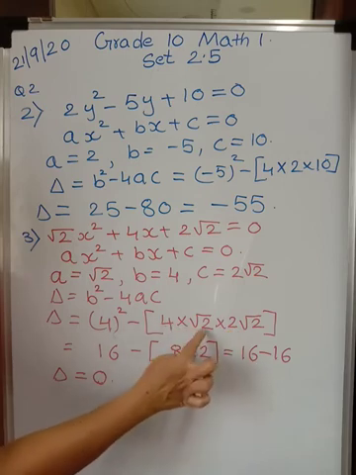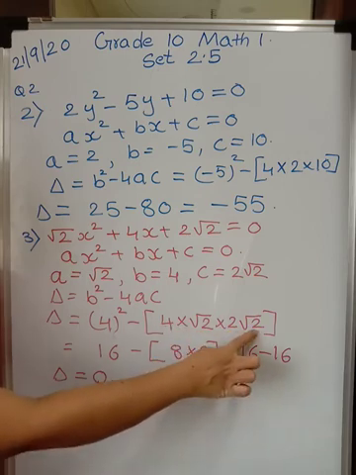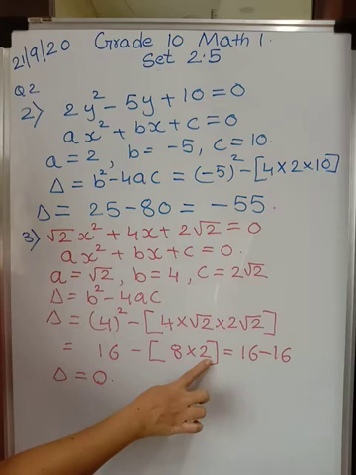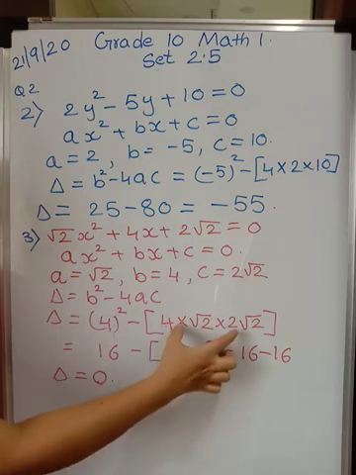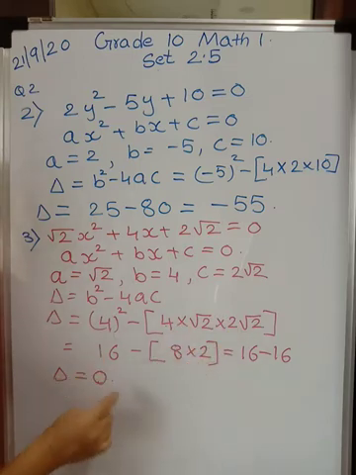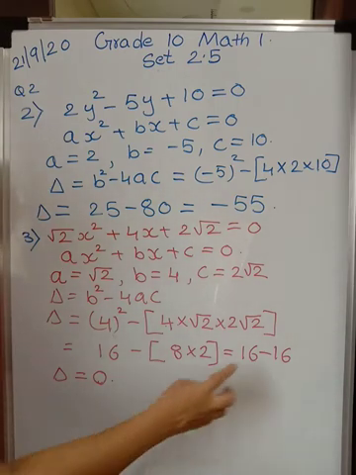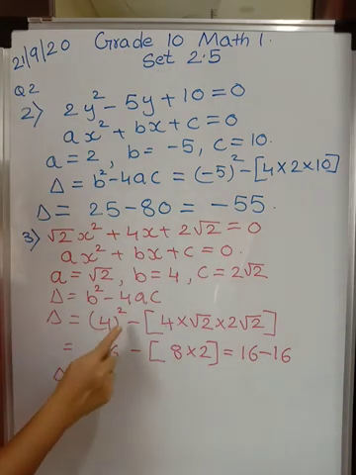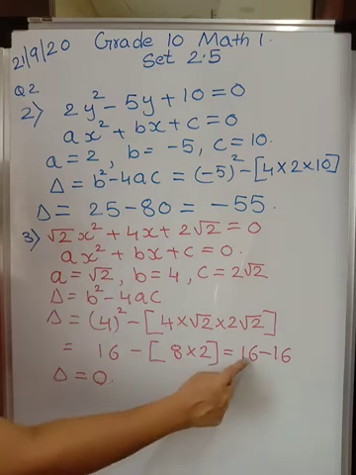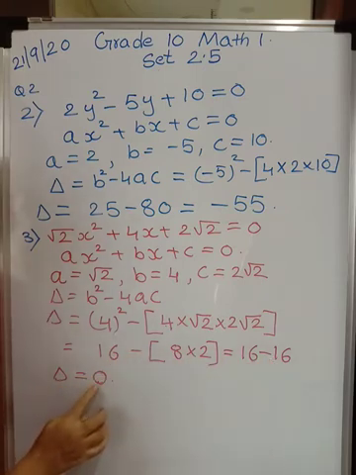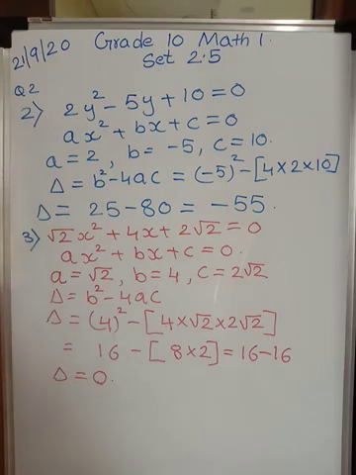Root 2 into root 2 is root 4. Square root of 4 is 2. So 8 twos are 16. Here I have written 4 square is 16. 16 minus 16 is equal to 0. So delta value will be 0. Okay, I hope it is clear.